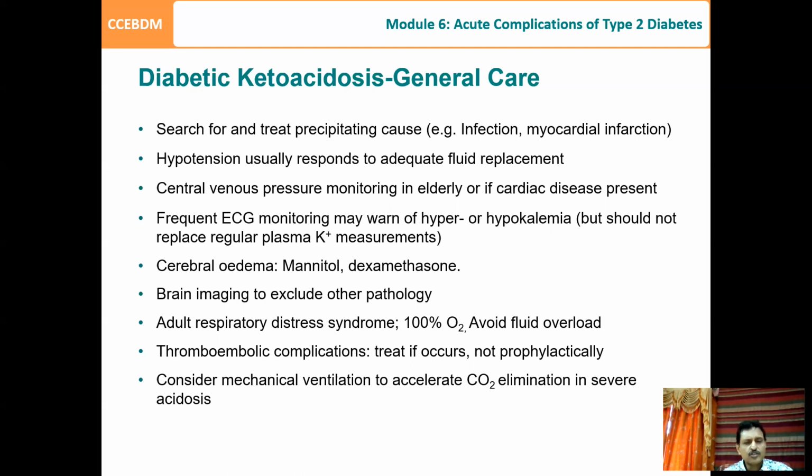In diabetic ketoacidosis in children, in most situations, there is no question of mechanical ventilation. In almost all situations, you just have to give fluid and insulin, and ketoacidosis will progressively improve. Mechanical ventilation to eliminate severe acidosis is needed only among elderly patients who develop diabetic ketoacidosis from type 2 diabetes mellitus, not from type 1 diabetes mellitus.